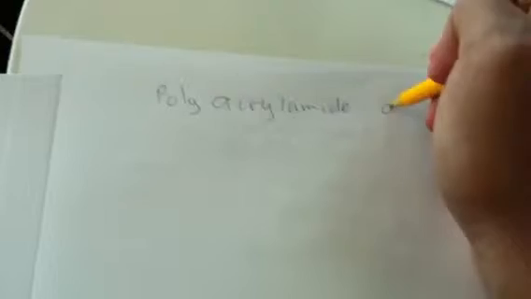Now, this property of amino acids is useful when you have a sample of protein or a sample of amino acids and you want to separate them out. And this is done by a process called polyacrylamide gel electrophoresis.